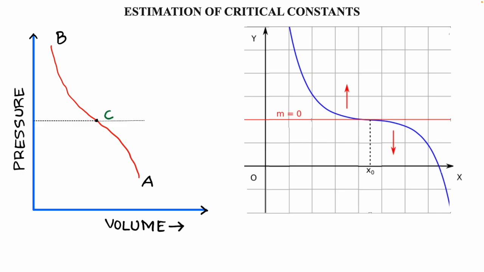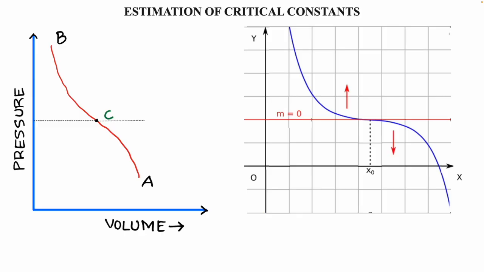So this slope, we also know that a slope is the tangent drawn at that point. Now, if you draw a tangent at any given inflection point, we get a line which is parallel to the x-axis. What is the slope of a line which is parallel to the x-axis? It is 0. It does not have any slope. It is parallel to the x-axis, right? So, here the slope, that is m, will also be 0.